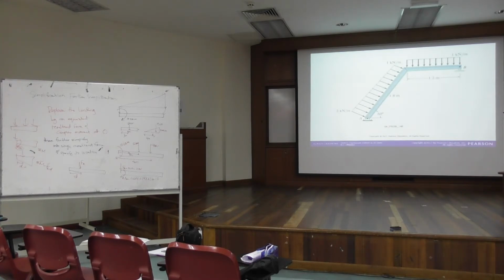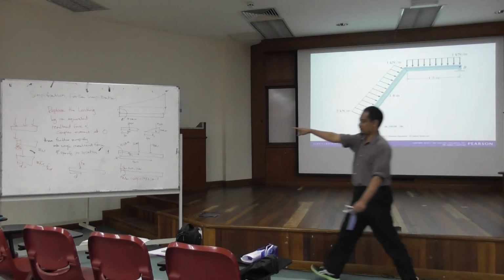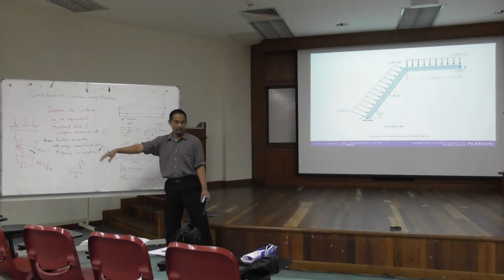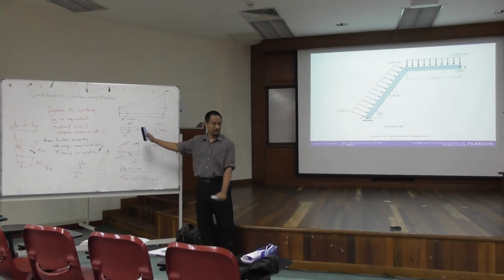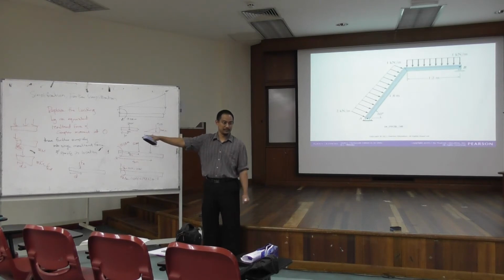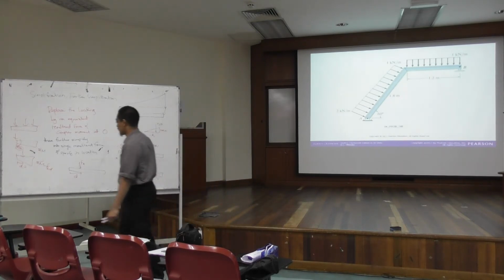Okay, for those who want to try, please try this one. Find at A. Just replace the loading with the equivalent at point A. Okay, right? You can try. For those who want to listen to the explanation of why it becomes two-third, one-third, I just go here, right? So it's up to you.